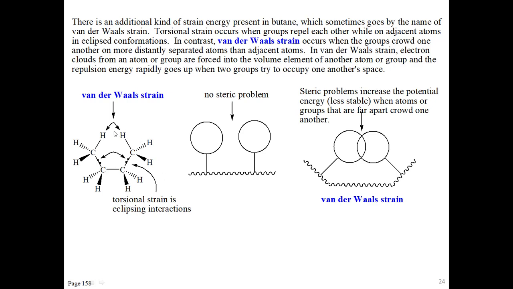However, these groups up here are also in each other's way, and these are called van der Waals strain. So if I had the groups far apart from each other, not close, there would be no strain problem. But if the groups are tilted in towards each other and they share some common space, that's going to produce a lot of repulsion. That's going to raise the energy and make it less populated to have that particular shape. That's called van der Waals strain.